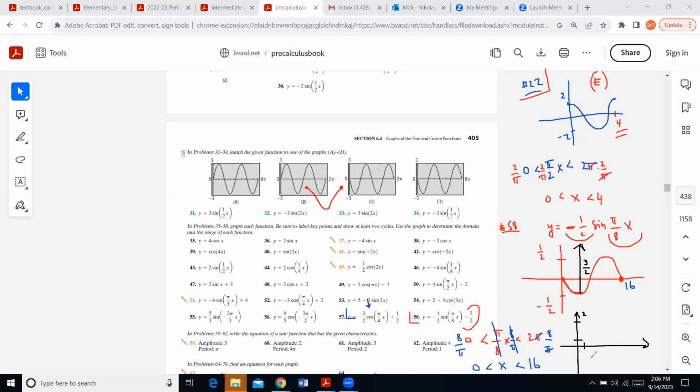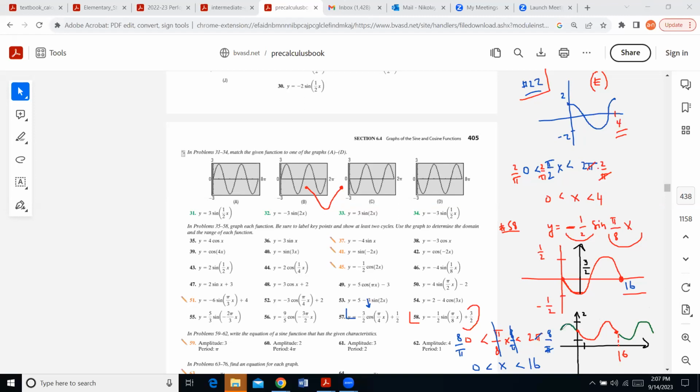And our function, the sine function, always starts in the middle, goes down, and then returns back, and then returns to the same level. And this level is 16. So I have all the numbers that we need placed on the plane. So the key part is period, which is 16. And then you could put a little bit more of the graph if you want.